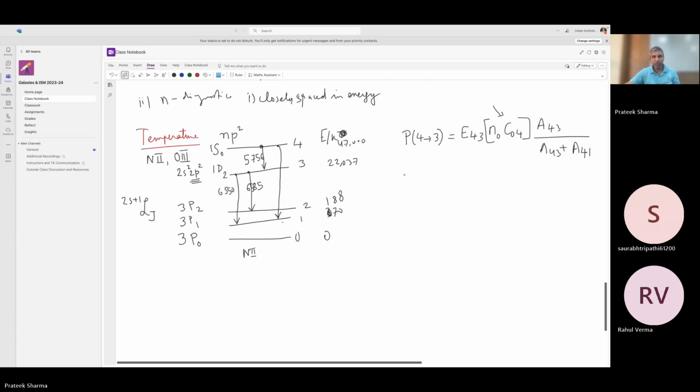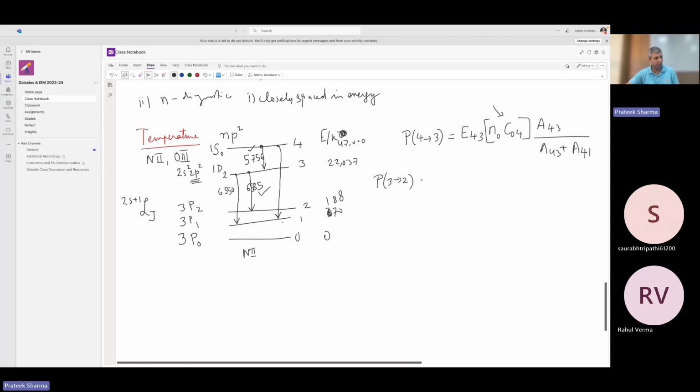What about P32? We are going to use the line ratio, the intensity of this line to the intensity of the 32 line, as a diagnostic for temperature.